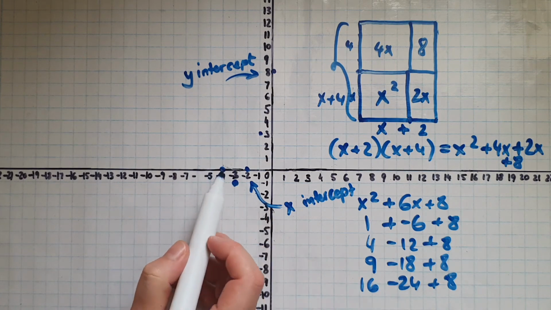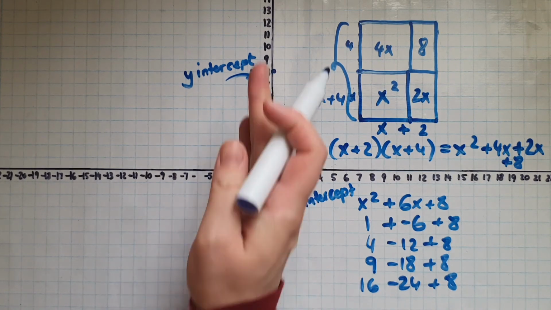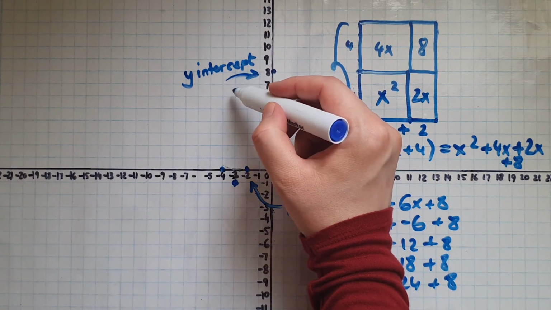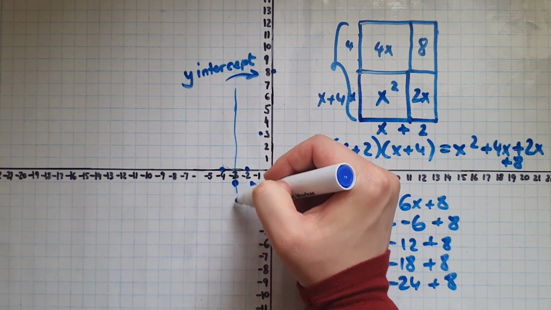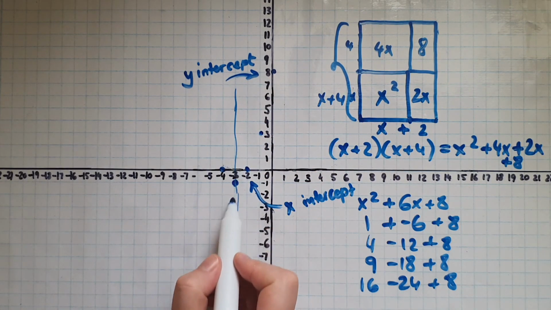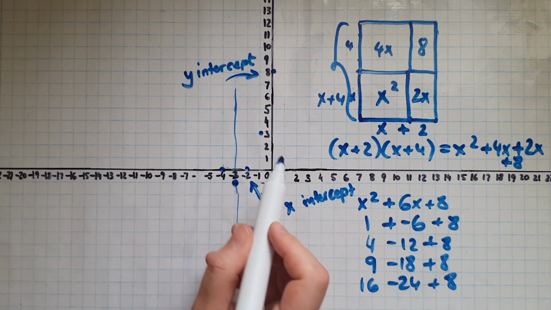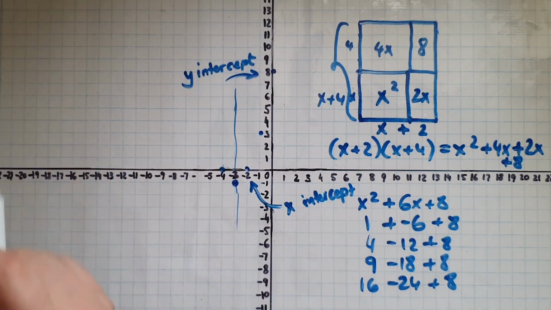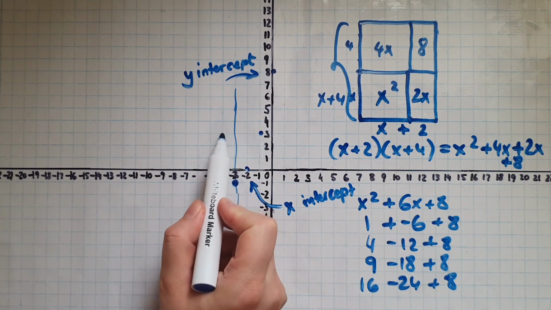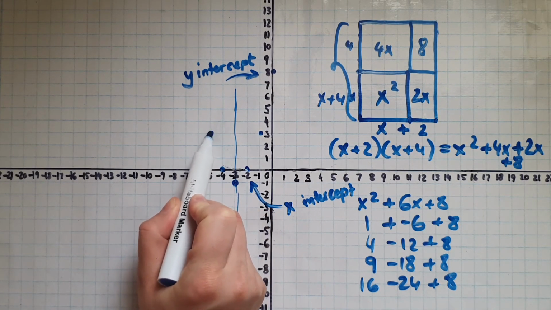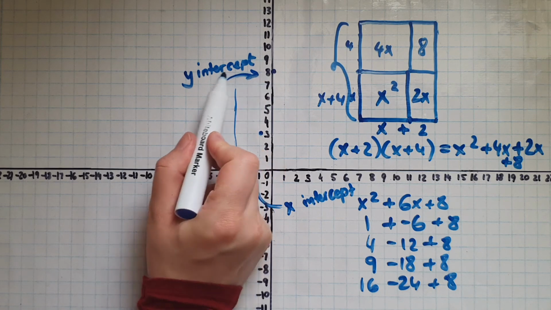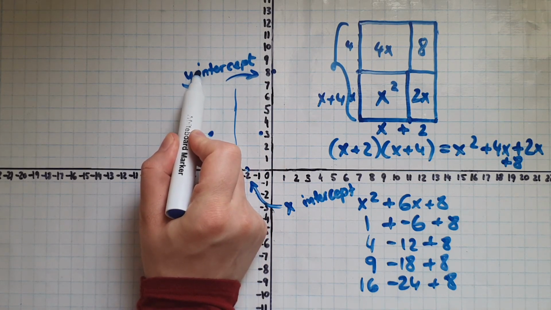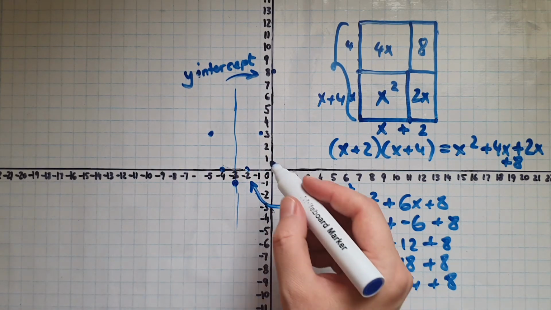Now we don't need to work out more because this here is a line of symmetry. This is the lowest point for this curve, so anything on this side will be reflected on this other side. So that should be another point, and where we've got 8 here, that should be another point.